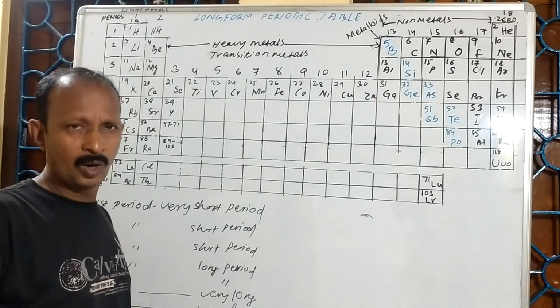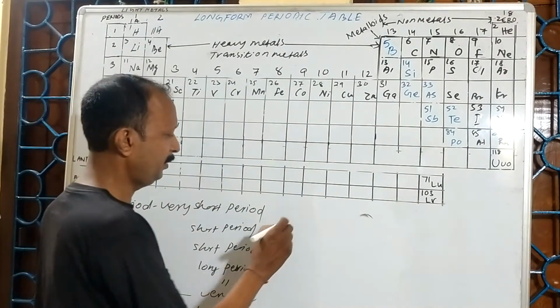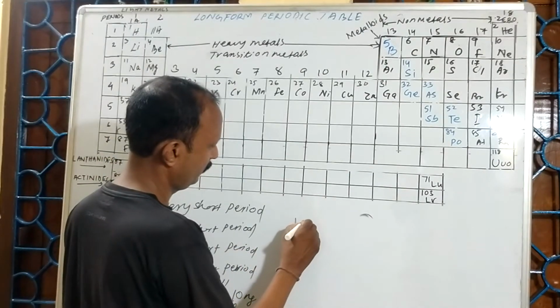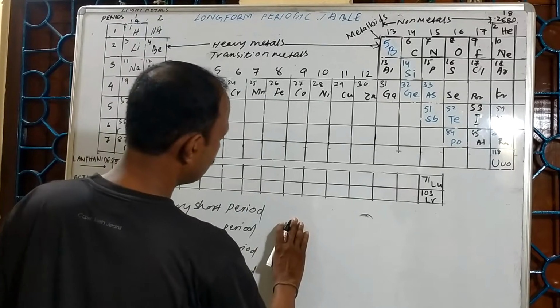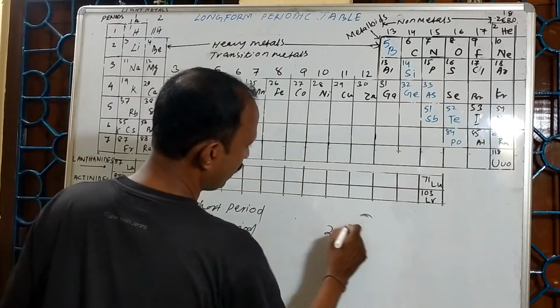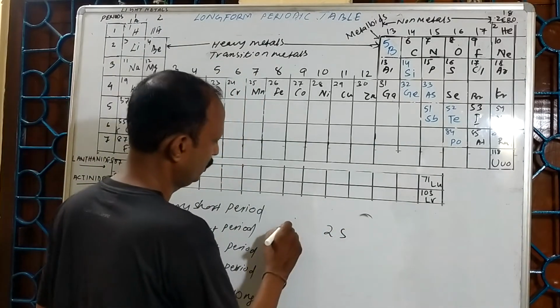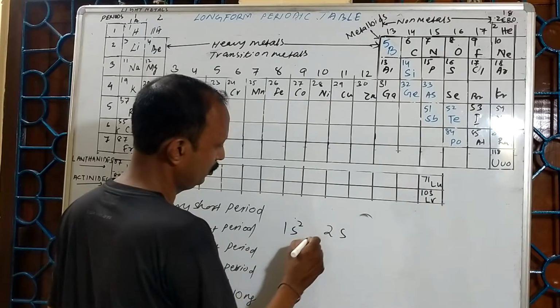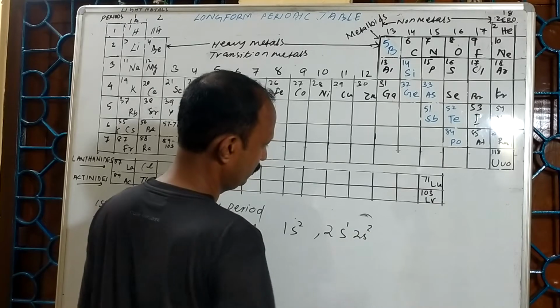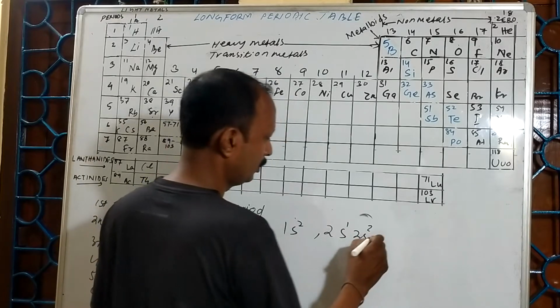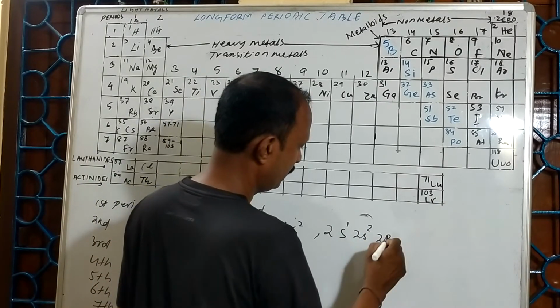Their electronic configuration may be between 1s2 2s1 and 2s2 2p.